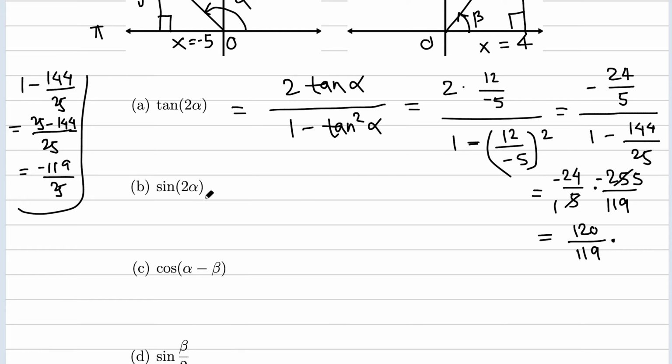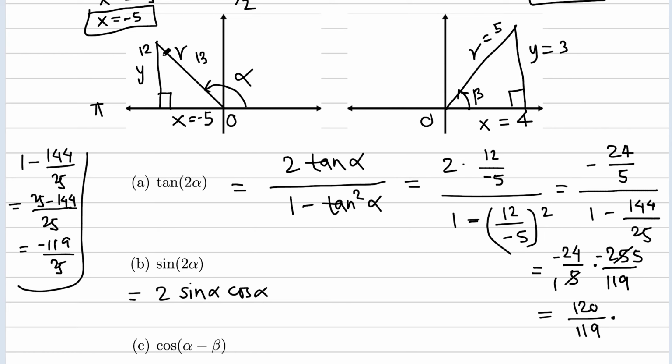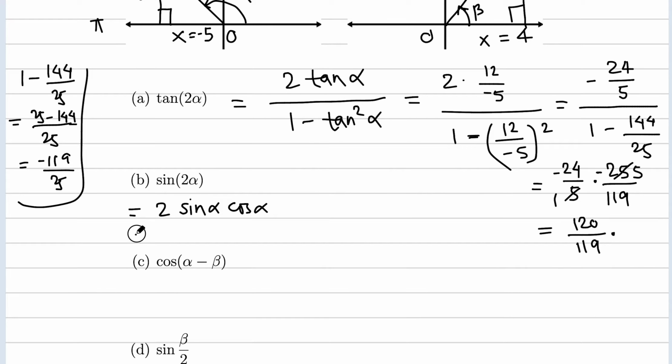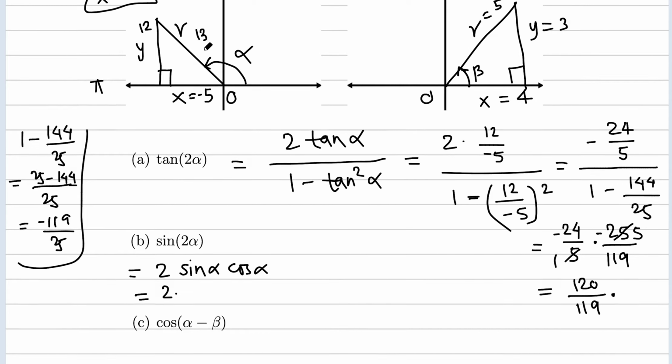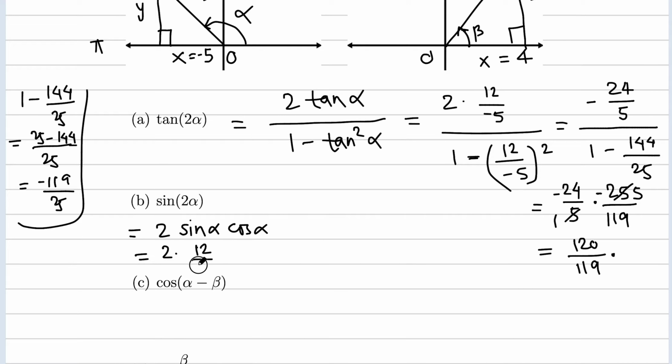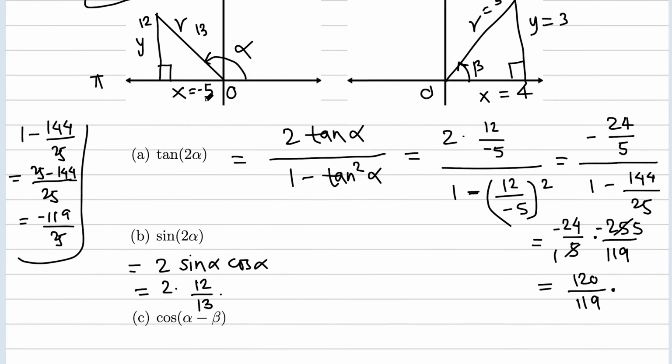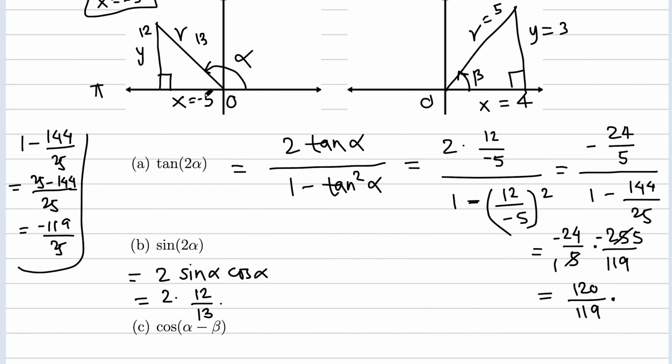Now next is sine 2 alpha. Look at the formula list. You will see sine 2 alpha is 2 sine alpha cosine alpha. Again, first triangle only. So 2 times sine alpha, sine is y over r, 12 over 13 times cosine alpha, x over r, negative 5 over 13.